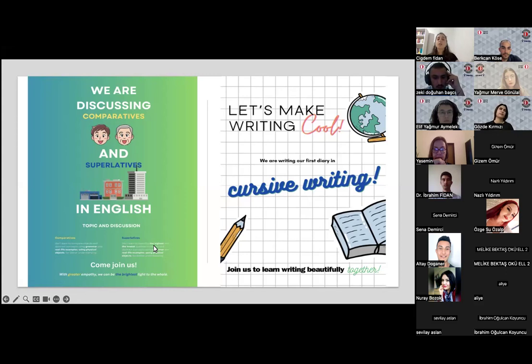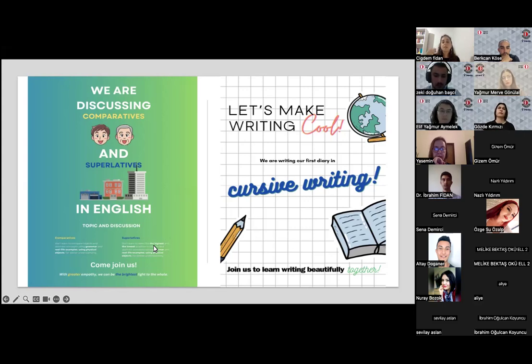And as you see, they used lots of visualization in this poster because they did research and learned that deaf students mostly benefit from visualization in learning English. So as you see, they use colors, uppercase, lowercase letters, and this is a poster designed for deaf students. And the other one is a poster designed for students with dysgraphia.